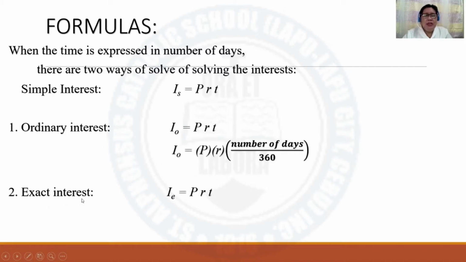For exact interest, based from the basic formula, I sub E, which will represent the exact, is equal to PRT, and then we change T into number of days over 365.